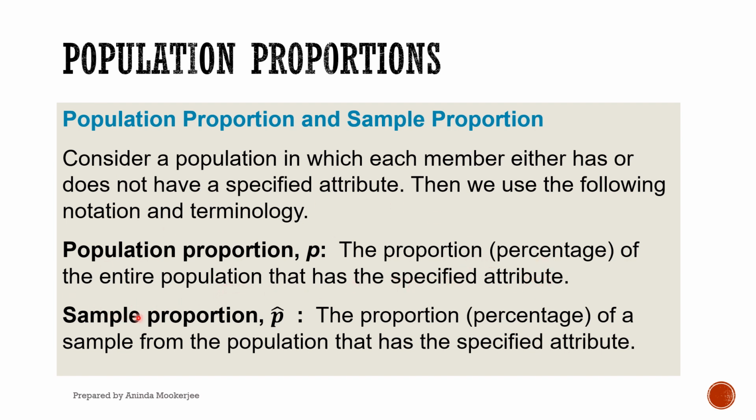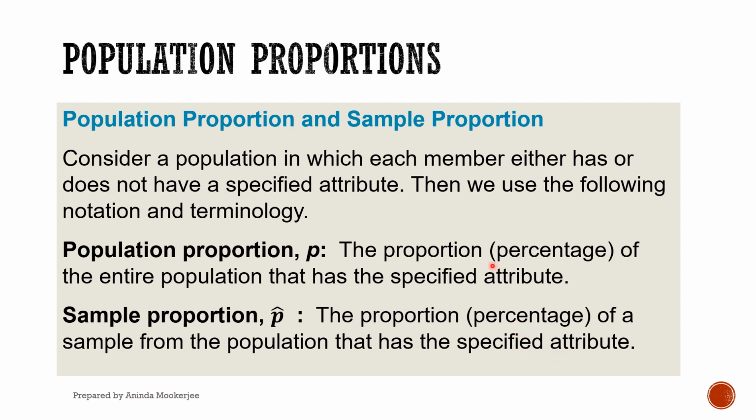And the sample proportion, on the other hand, has p and a hat symbol over it, and it is the proportion or percentage of a sample from the population that has a specified attribute. Now, what do we understand by a specified attribute?